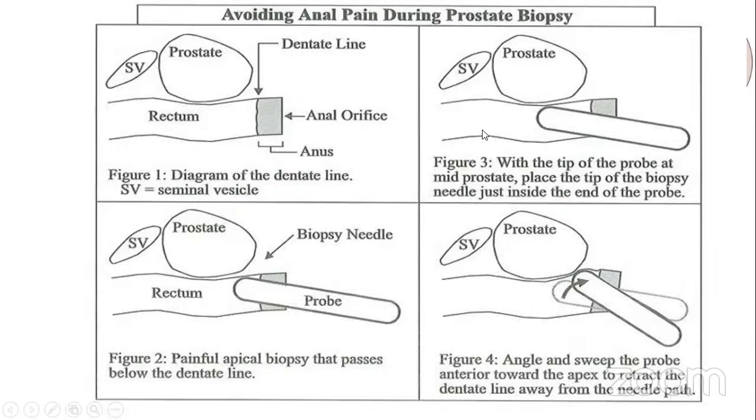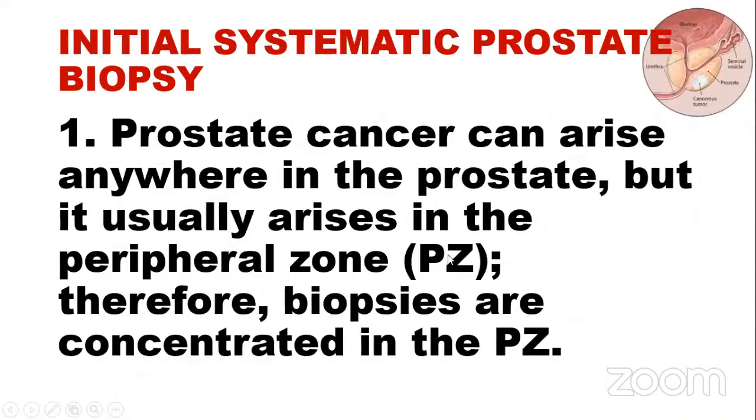And here, this is the position of the ultrasound probe toward the mid part of the prostate. And here, angle and sweep the probe anterior toward the apex of the prostate to retract the dentate line away from the needle path, and then fire the needle gun to take the biopsy.